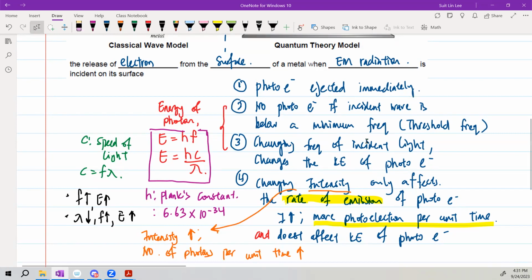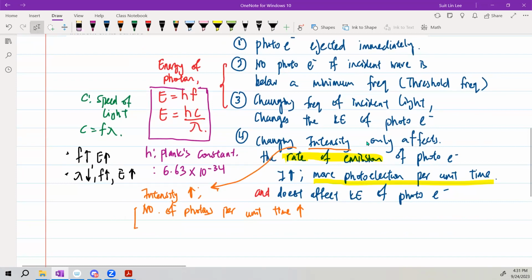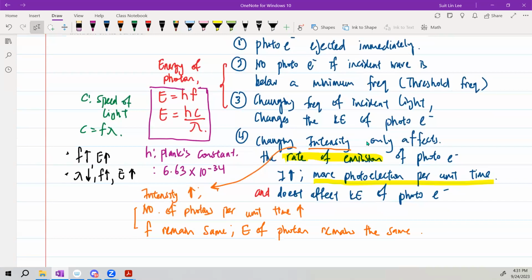It doesn't change the size of the photon, meaning frequency remains the same unless you're told otherwise. So the energy of the photon remains the same. So the main takeaway here is energy of photon is only affected by frequency. If you don't change the frequency, you won't change the energy of the photon.